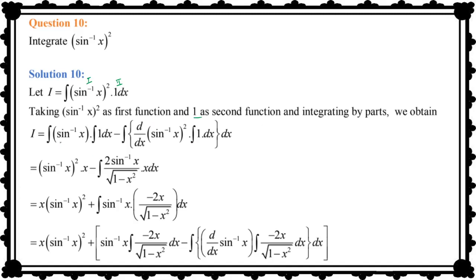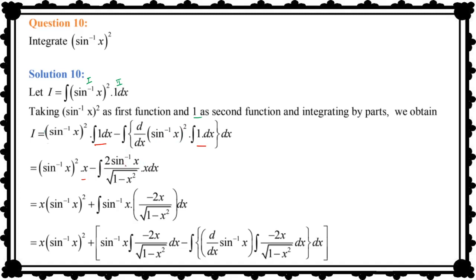So integral, first function as it is, integral of second, minus integral of derivative of first into integral of second, right? So now sine inverse x whole square as it is, integral of 1 is x, minus derivative of sine inverse x whole square is 2 sine inverse x, right?